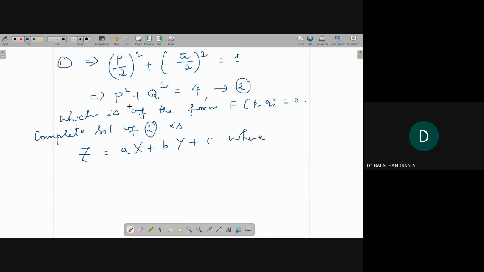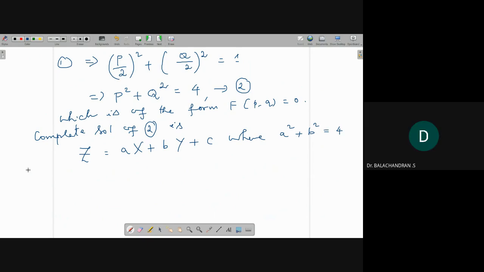Where we know that capital P is a, so a square, and we know capital Q is b. So a square plus b square equal to 4.